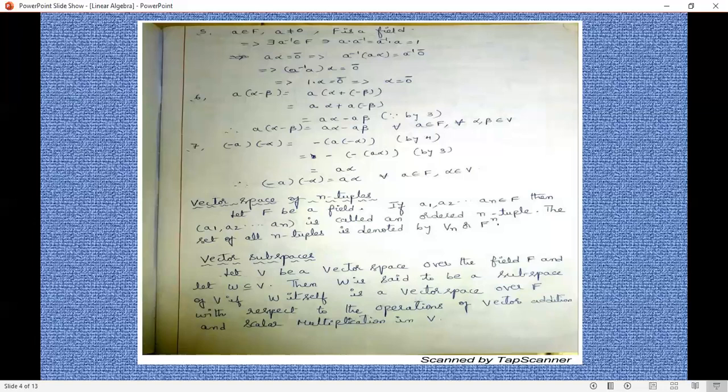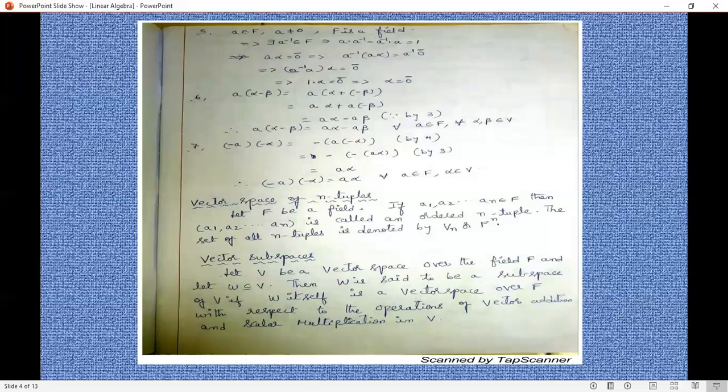Again, coming to rings, a subset is said to be a subring if it is itself a ring. As usual, let V of F be a vector space over a field F, and let W be contained in V. That means W is a subset of V.